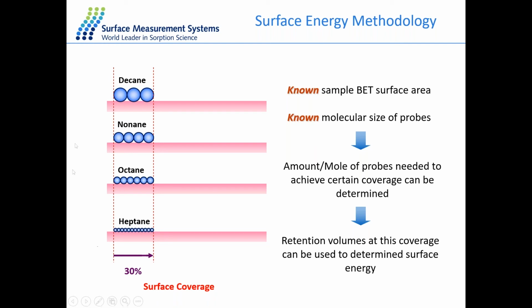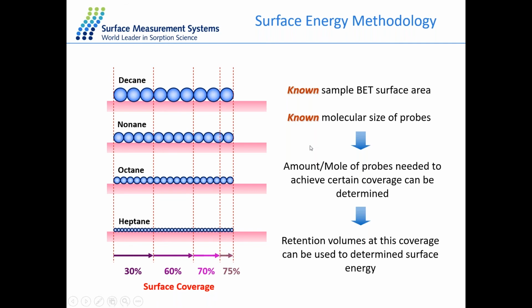Like I said, the IGC SEA has a library of different probe molecules and their physical properties. So these are the two things we need to know. After this, the software calculates the amount in moles of probe needed to achieve certain coverages across the surface of your sample. When we start our experiment and these probe molecules interact with the sample, we can understand the different properties based on retention volumes at different coverages of the surface of your sample.